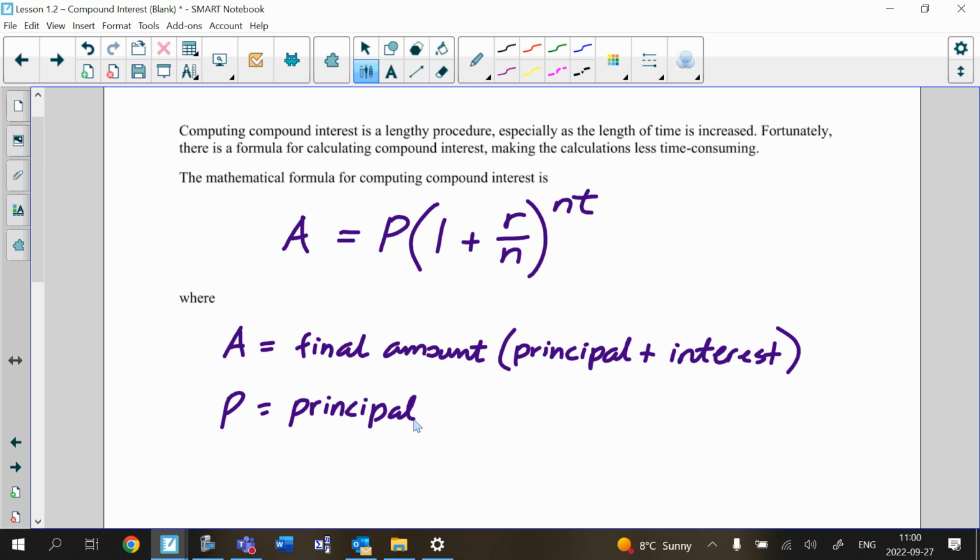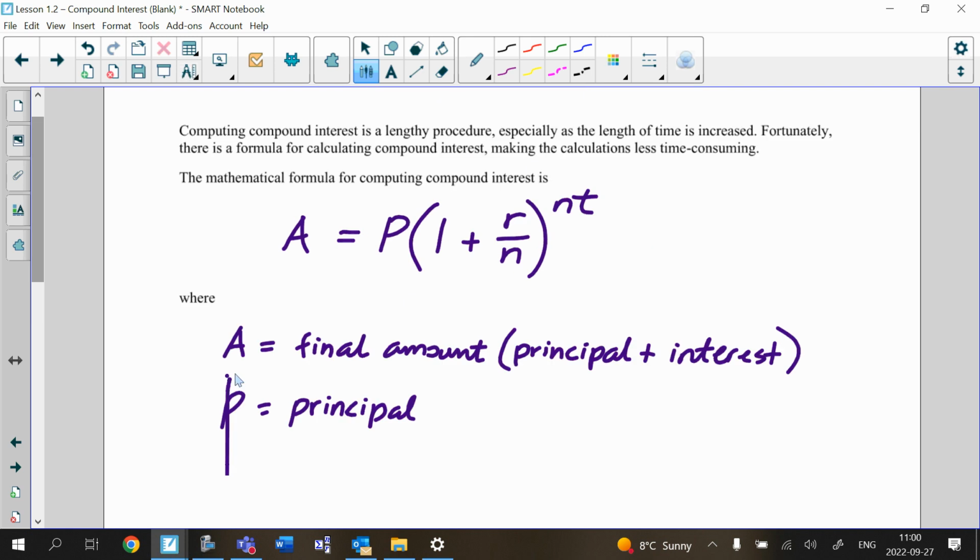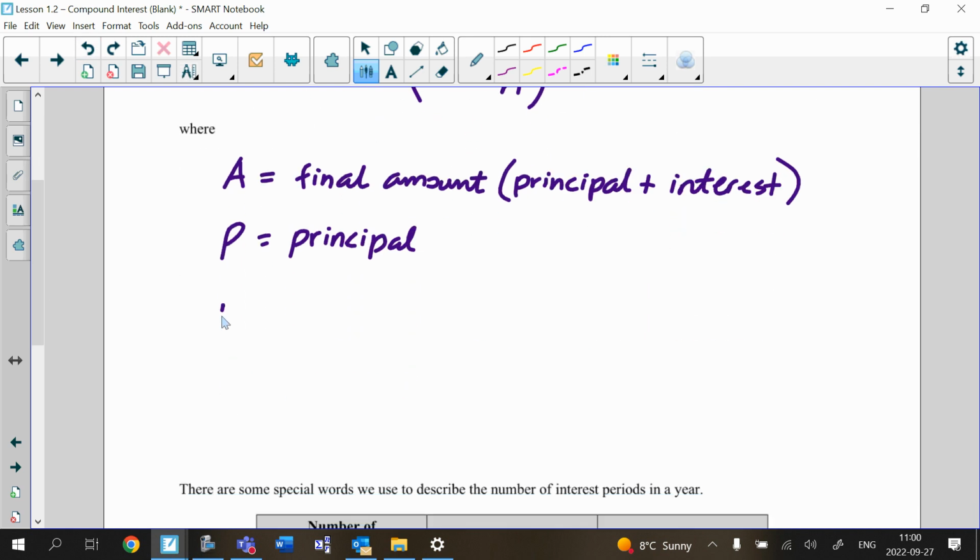R is still the same. It's the rate of interest as a decimal. N is new.